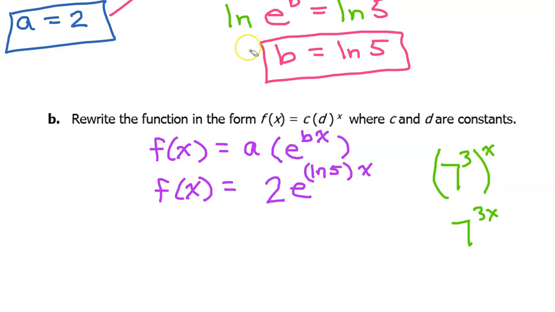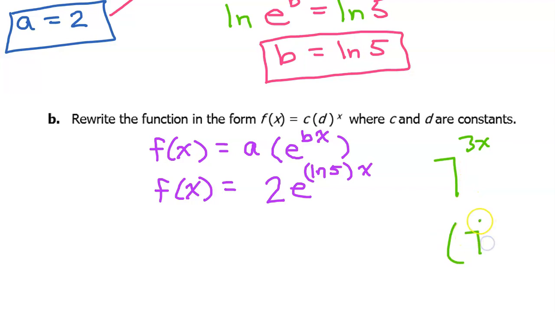Now, what if I gave it to you this way first? What if I gave you 7 to the 3x power? If for some reason I wanted to separate this out, I could rewrite this as 7 to the third power, to the x power, because this would be the same thing. So that's what I'm going to do right now. I have this natural log 5 times x.